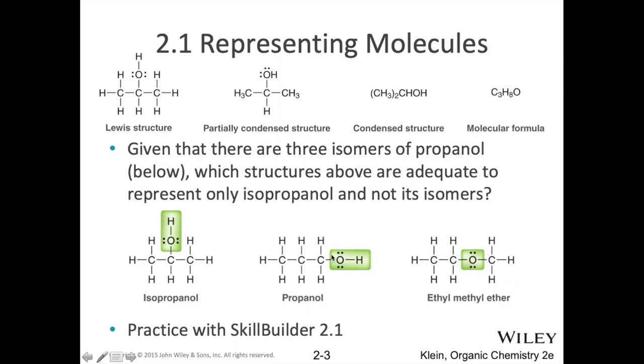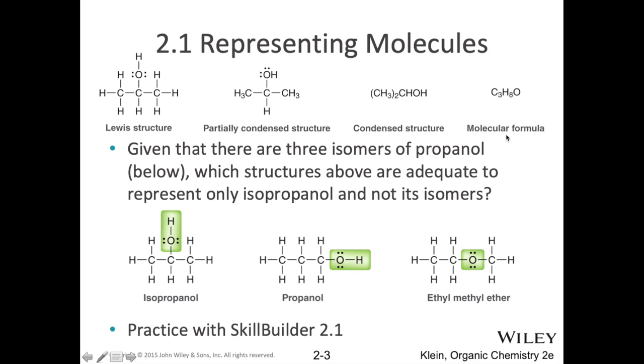All three of these have the same molecular formula, C3H8O. But we want to be able to draw this out to distinguish between these three molecules, which are clearly different.